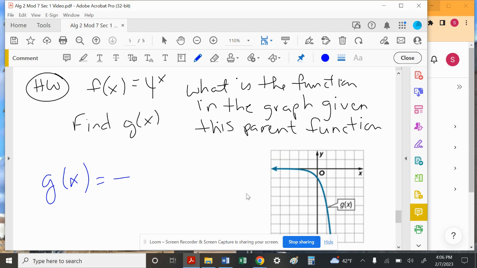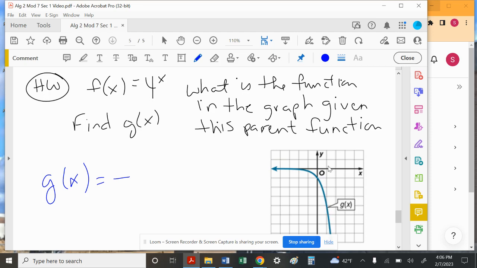It looks like this point here is still just shifted over, but notice that I can see my b value here. When I go over 1, I go 1, 2, 3, 4 down.